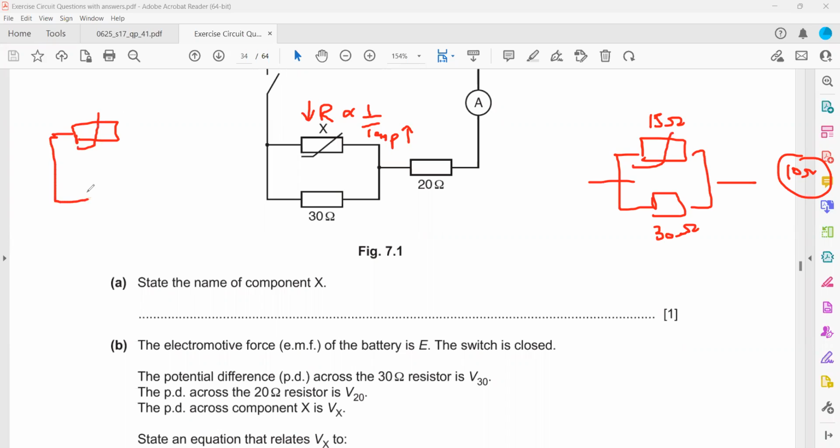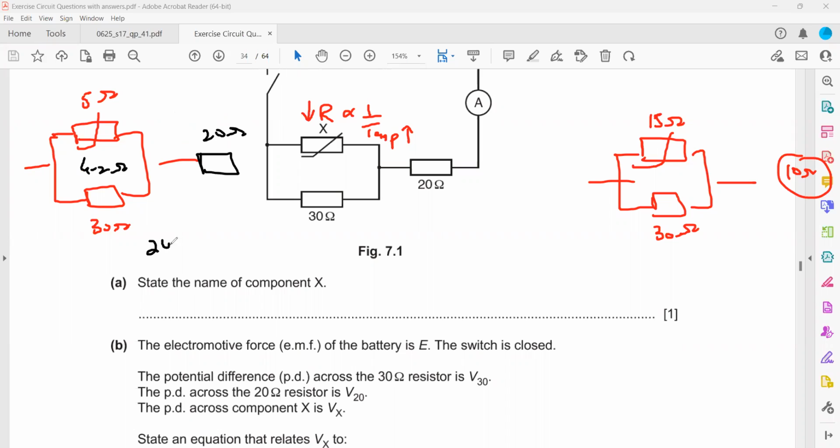Say we take 5, just to explain the idea. Say this was 5 ohm and this one is still 30. So it will be 5 times 30 divided by 5 plus 30, which is 35. As a result, the combined resistance of this part will be 4.2 ohm, and there is also a 20 ohm resistor.